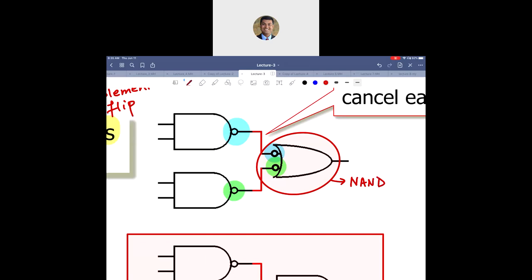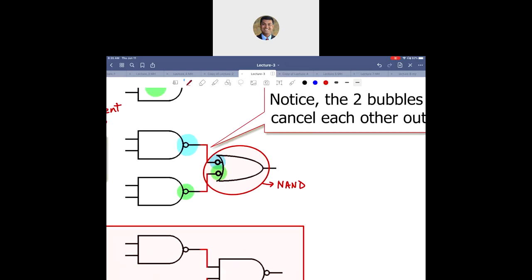How do we know that? We know that because here things are getting complemented first and then going into an OR gate. What does that equal? Based on De Morgan's law, it equals a NAND gate.